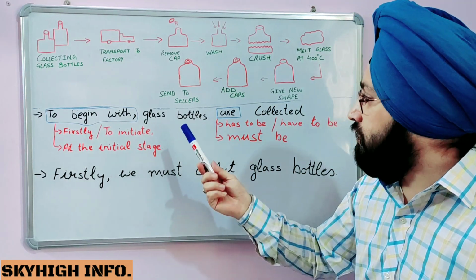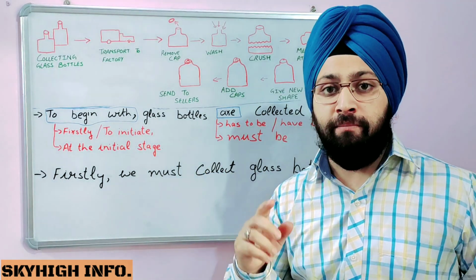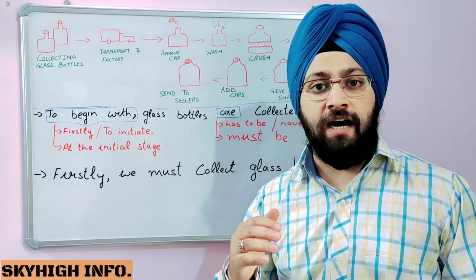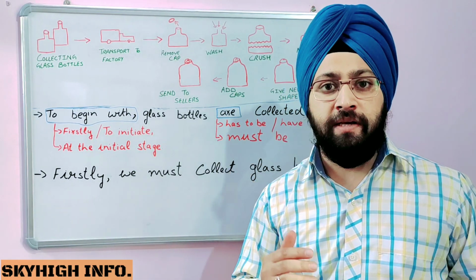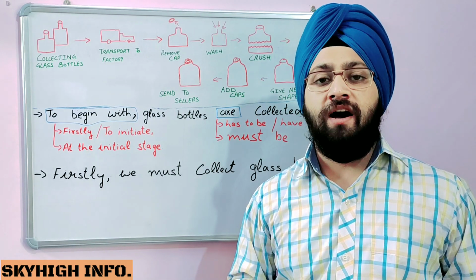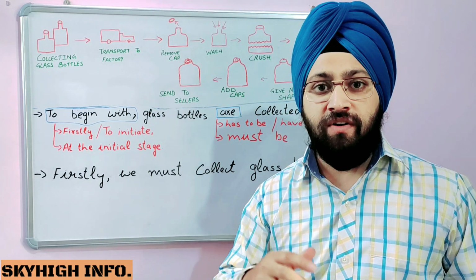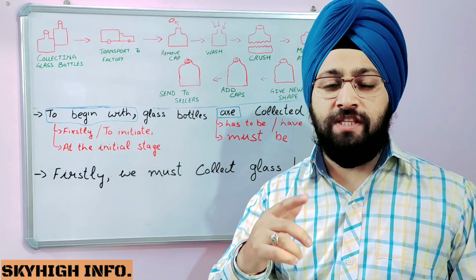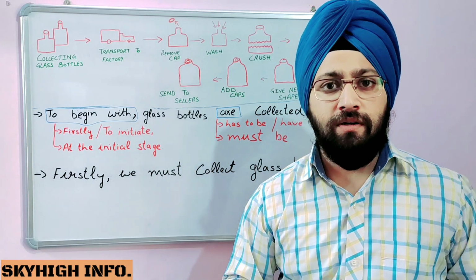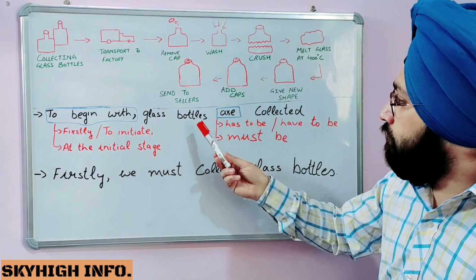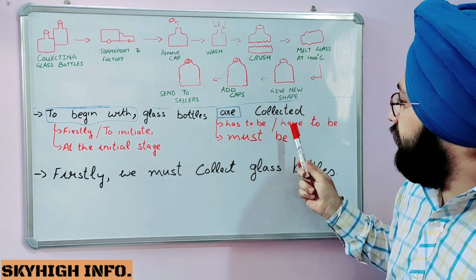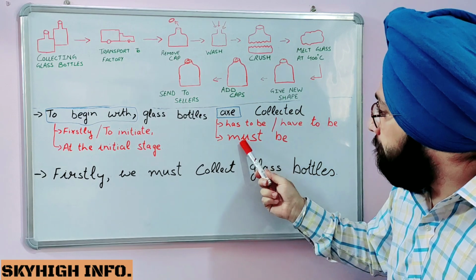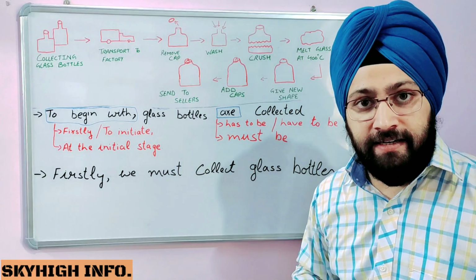You always have to remember the tense. If you are writing your task in the present tense, then your whole task should be in the present. So you have to keep this in mind. Whichever tense you are using, use that tense throughout your task. So bottles are collected, have to be collected, must be collected.